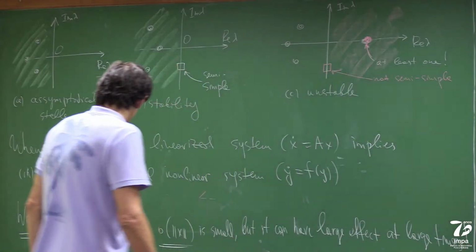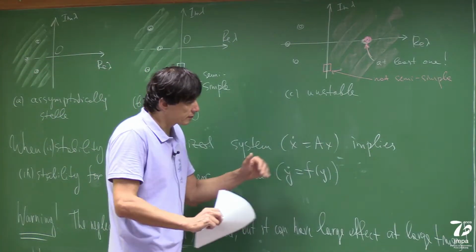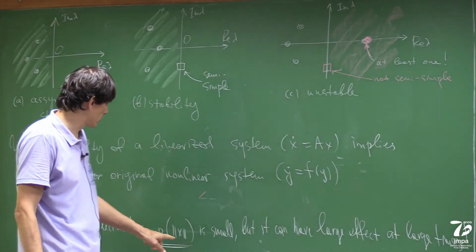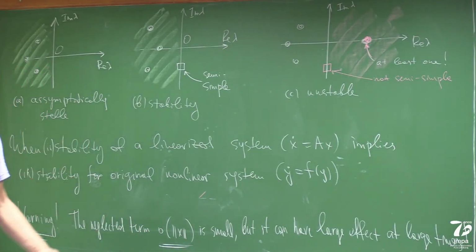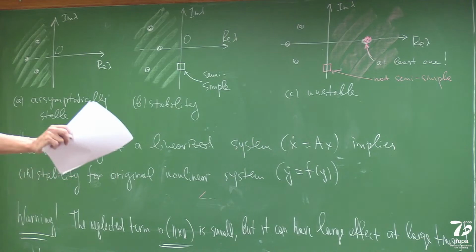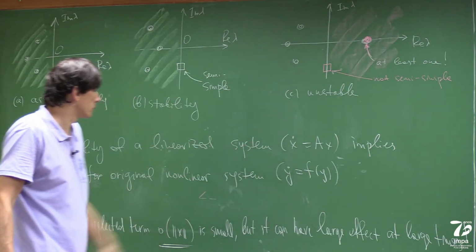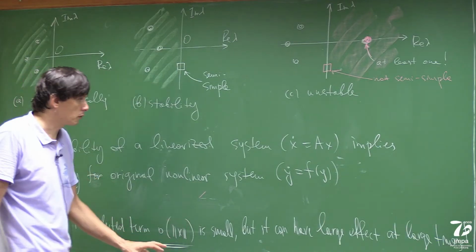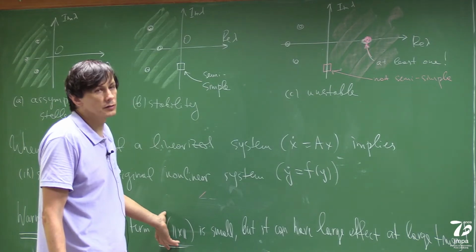So that's important. When we linearize the system, for times which are not too large, the two systems are close to each other because the difference is really small. But whenever you want to see the stability properties, to see if for long times the system also has nearby properties, then this is delicate, because we neglected something small, but we want to see if this small term is important or not at very large times.